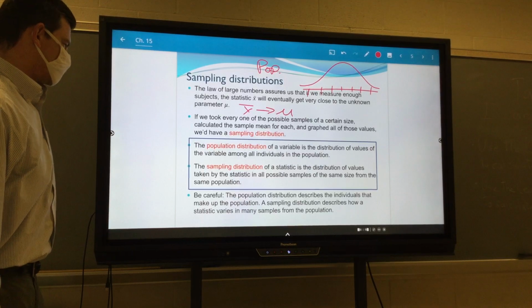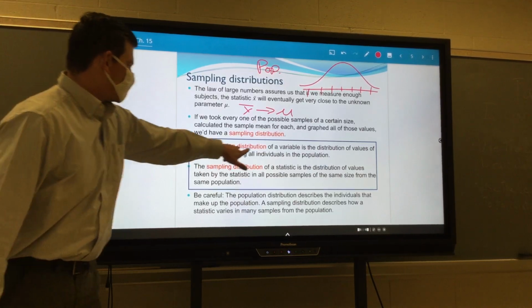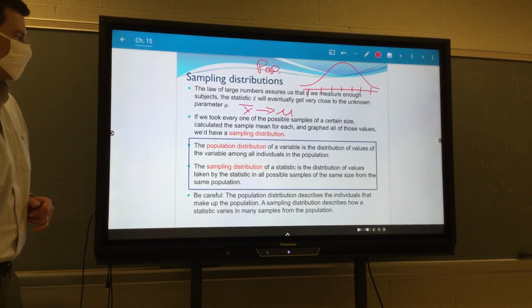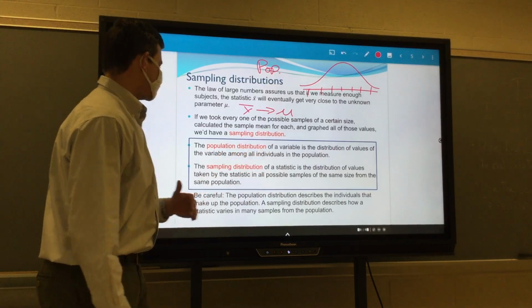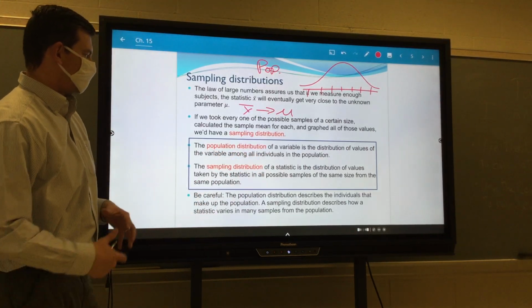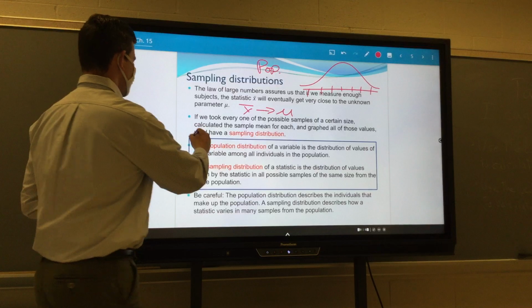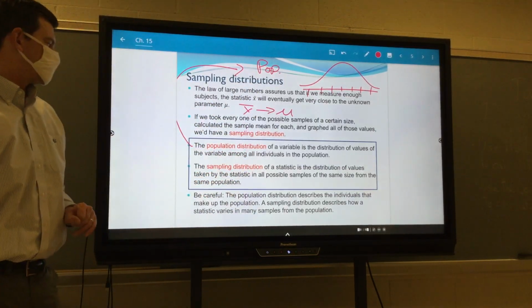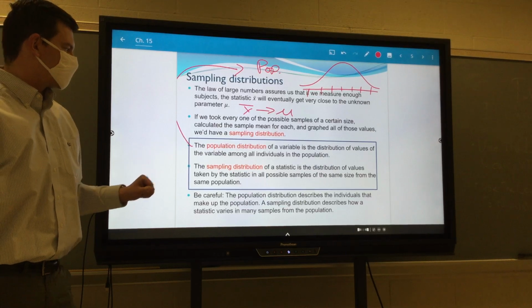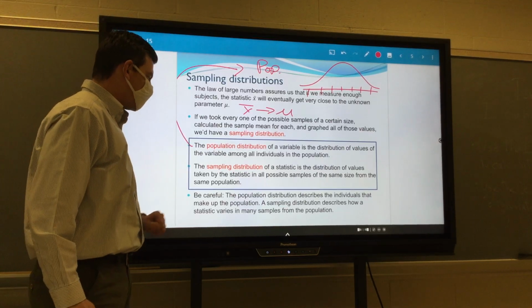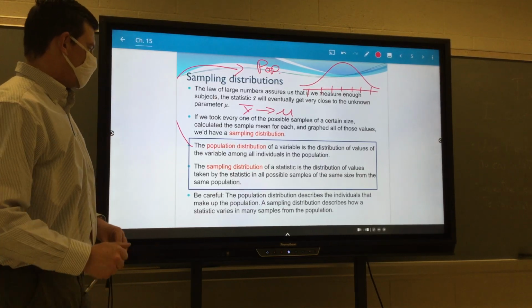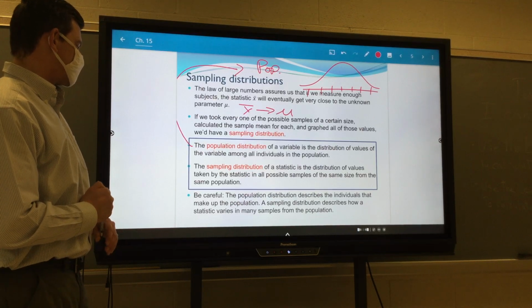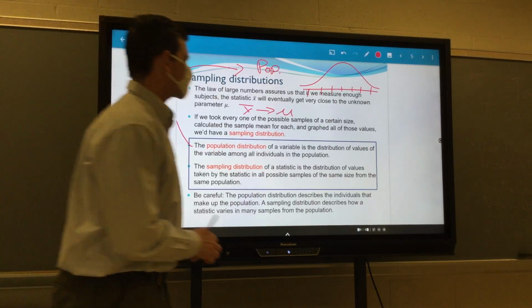The population distribution of a variable is the distribution of values of the variable among all the individuals in the population. That's what we're saying up here. But the sampling distribution of a statistic is the distribution of values taken by the statistic in all possible samples of the same size from the population.